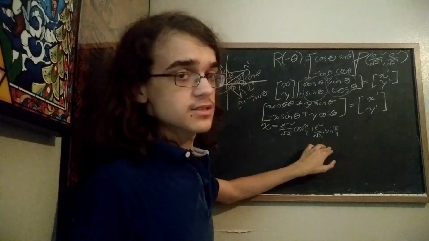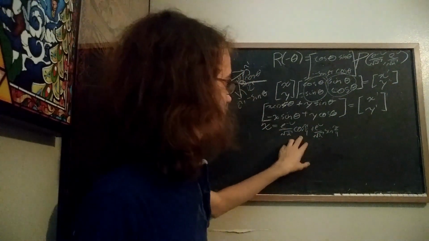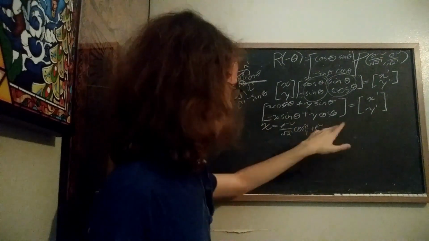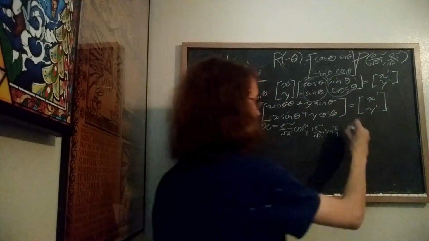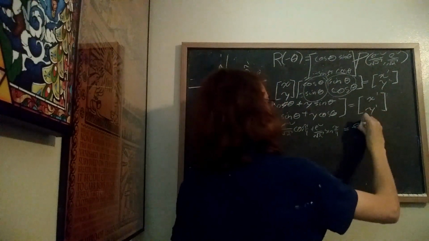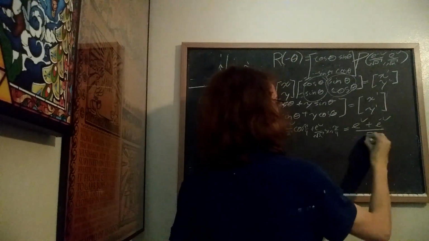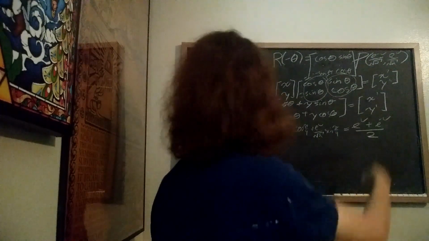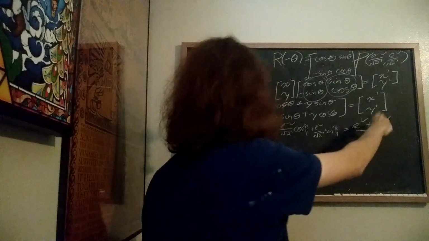Now the cosine and sine of pi over 4 are both 1 over root 2, and so they're going to multiply with this and just make it 2. And so these are both going to have denominators of 2, and so they're just going to add up, and they're going to equal e to the u plus e to the minus u all over 2. And so that's our new x value in terms of u.